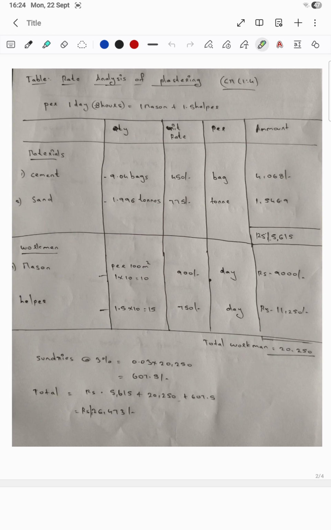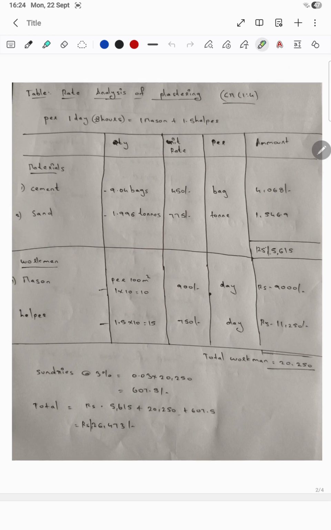For 1 mason it is 900 per day, so for the total amount of work it is 9000. Now the helpers we want is 1.5 into 10 equal to 15 helpers, at 750 rupees per day. The total amount required for helpers is 11,250.